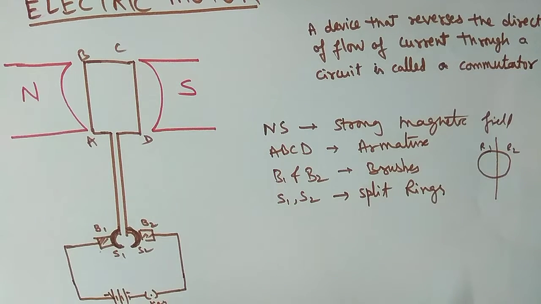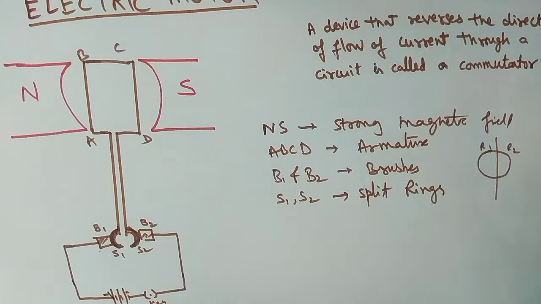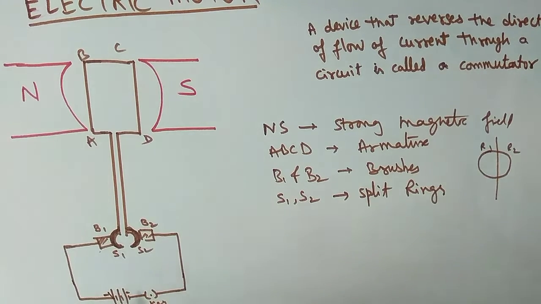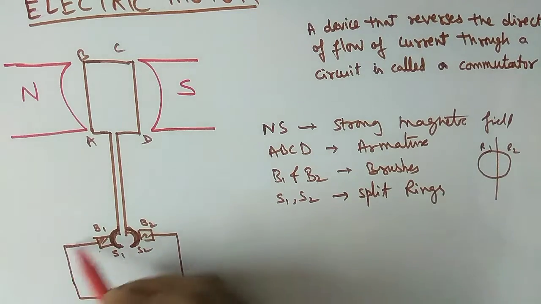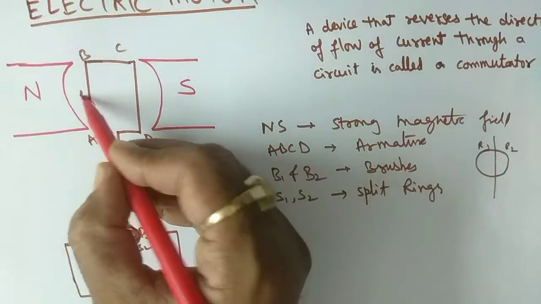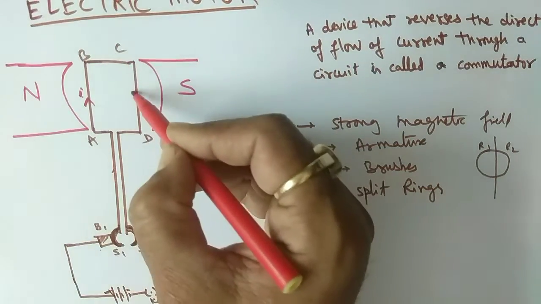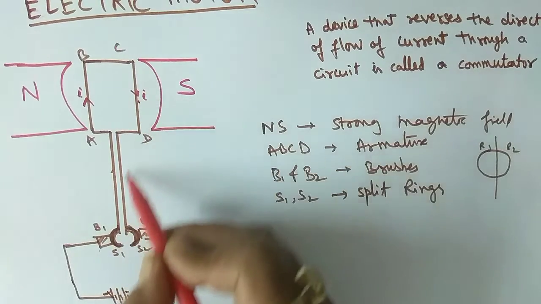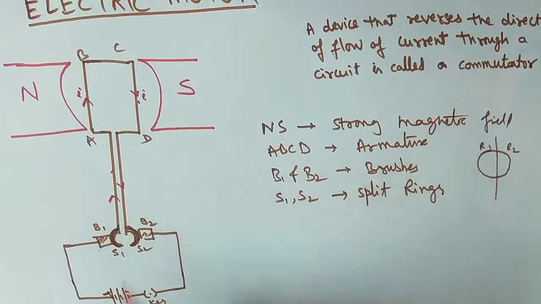Now come to its working. If we show the direction of the current, positive means this is the direction of current presently, and it is I. The direction reverses like this.